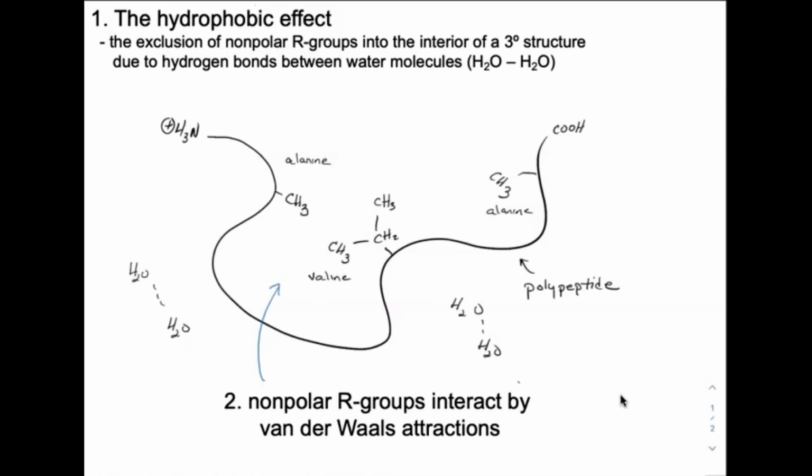And then as a second interaction, I'll include the nonpolar groups interacting by the van der Waals interactions or attractions or forces. Okay, so those are our first two effects. Now keep in mind, if you remember that chart we had of the amino acids, there are a lot of nonpolar amino acids, 9 of them out of all the 20. So this is quite an important effect in how proteins are going to fold.